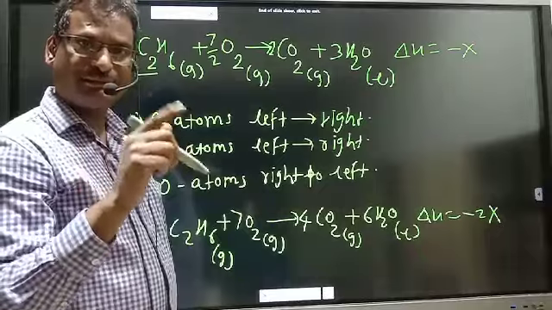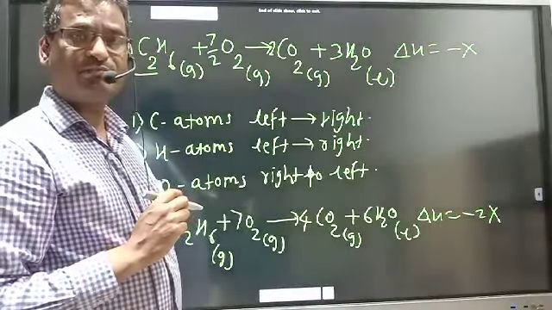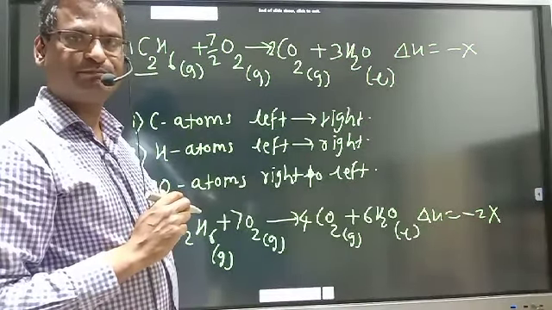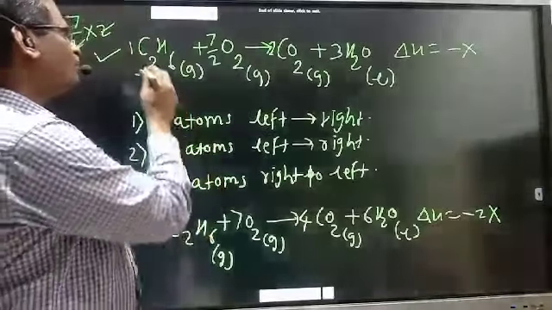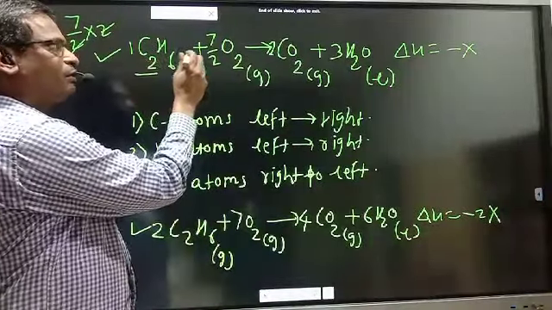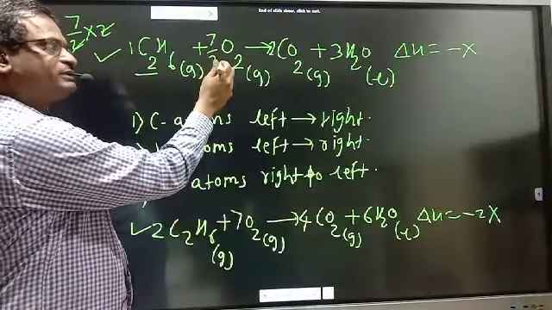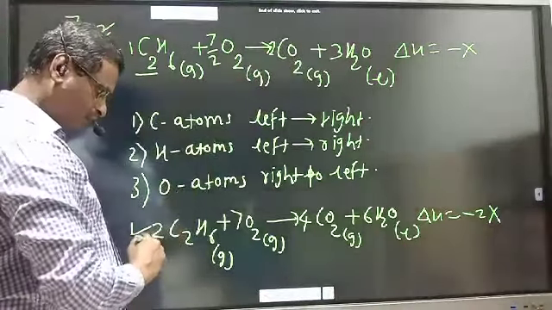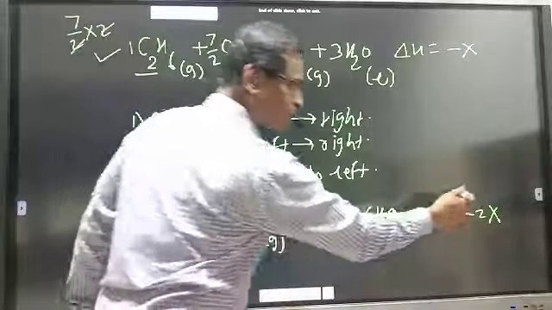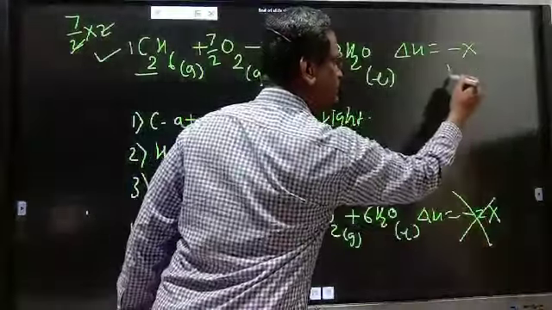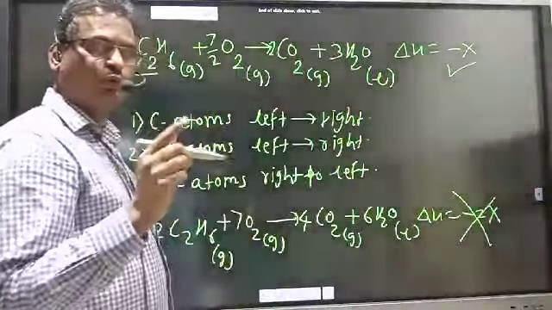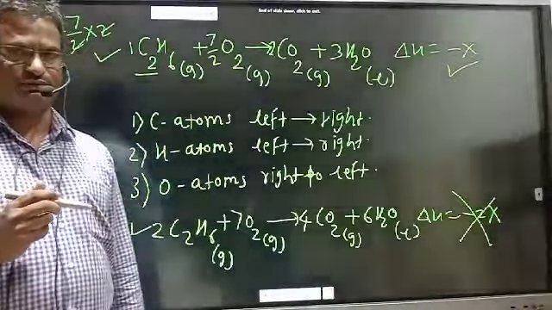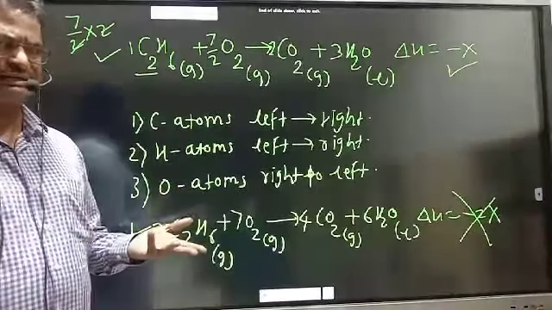Because by definition, enthalpy of combustion is the enthalpy change whenever 1 mole of substance undergoes burning in presence of excess of oxygen to form stable oxidation products. Here we have used 2 moles, so this answer is wrong. Only this is the correct answer where 1 mole of substance is used. All the reactions you can balance by using the same rule.